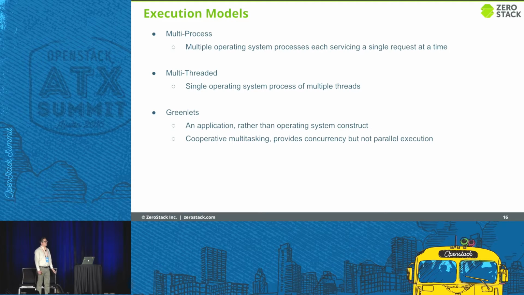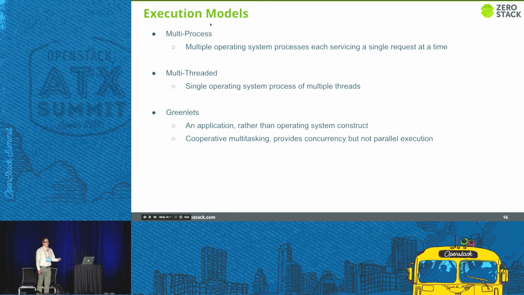Python is not very good at multi-threading due to the design of the interpreter, which is a very long topic, and you can find hundreds of people flaming about it online and trying to figure out what to do about it. But greenlets are something which you build at the application layer. It's nothing to do with the operating system, and this is cooperative multitasking.